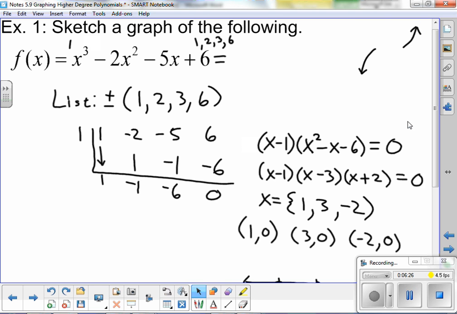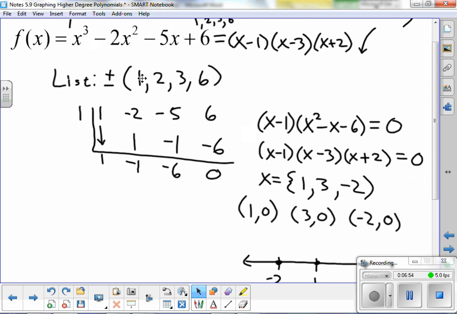I know that this is equal to (x minus 1)(x minus 3)(x plus 2). Those two are equivalent expressions. So I can either take my x values and plug them in here, or plug them in here, or do a mixture of the two, or I can do synthetic substitution. It just depends on what you feel the most comfortable with.